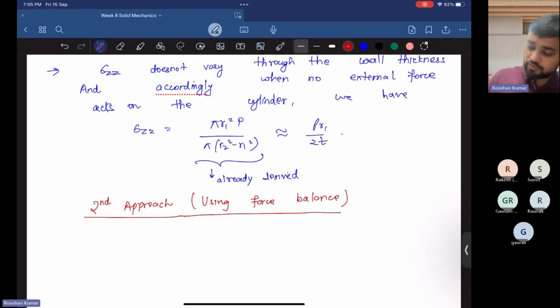In this approach we use the force balance, balancing the force from inside and outside of the cylinder. In this way we can find the stresses present in the cylinder.